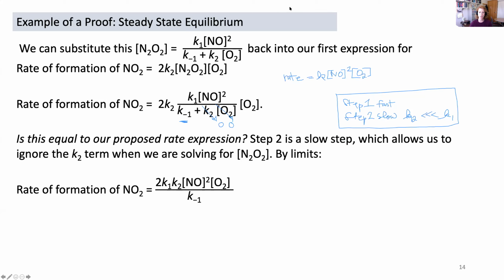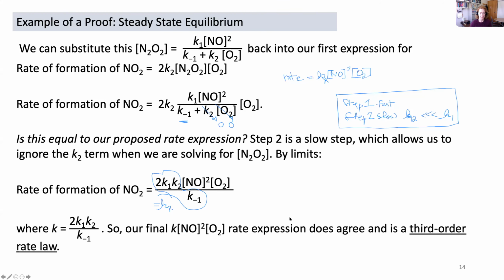Now we're just going to group this into a new rate constant value, kr of our reaction. And that ends up being our rate. So here's our k NO squared over O2 rate expression. So it does agree, and it's the third order rate law.